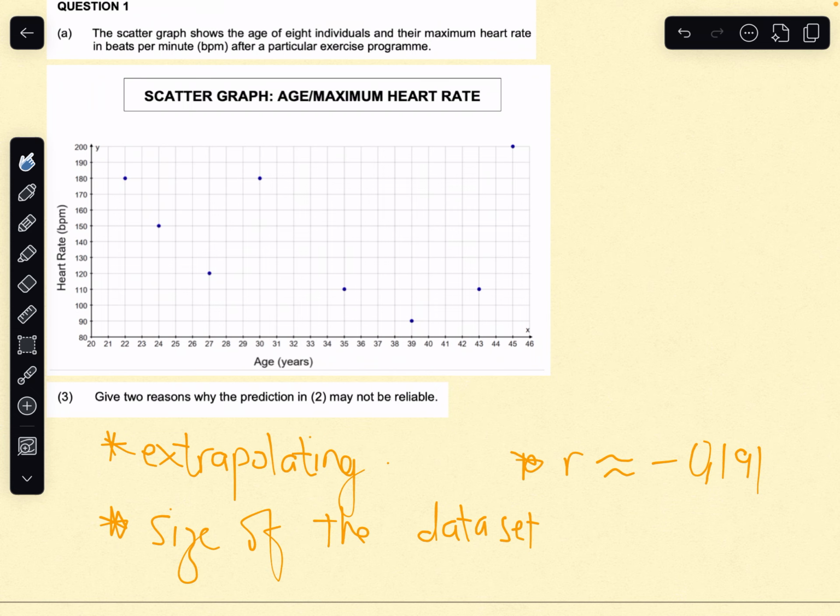So if we had monitored 1,000 people, would it make it any more okay to extrapolate? Probably not.